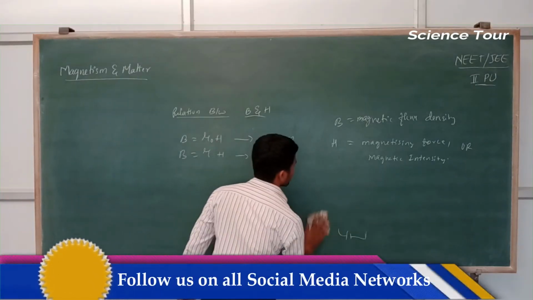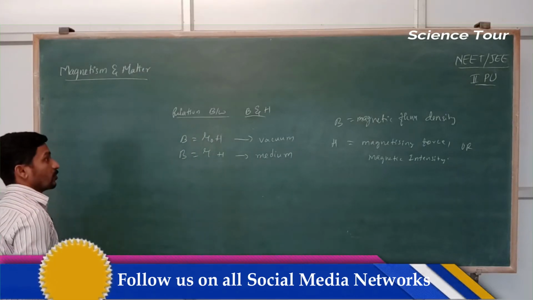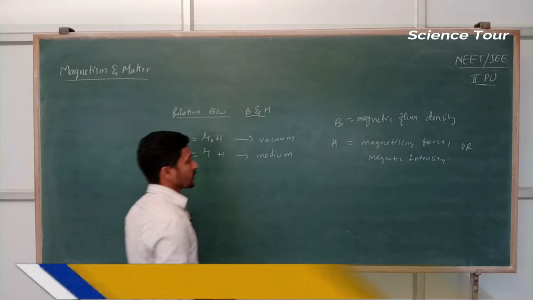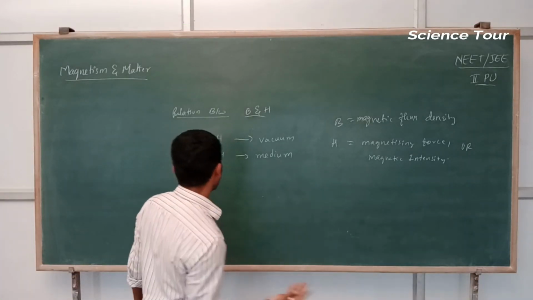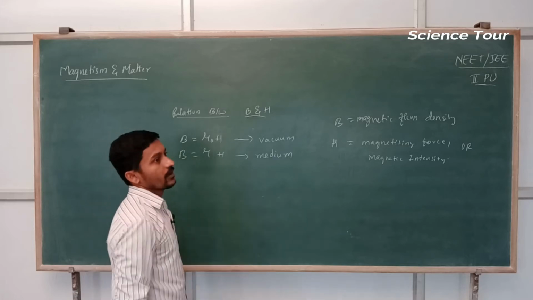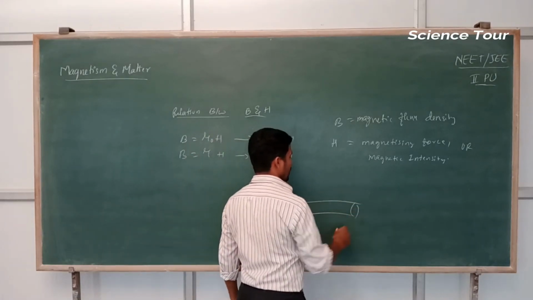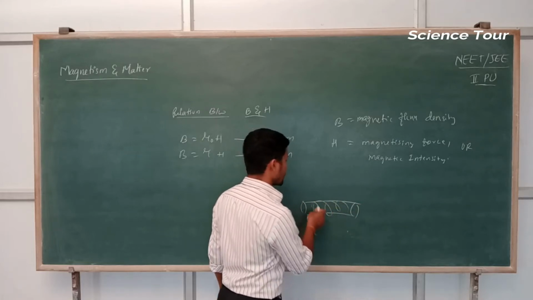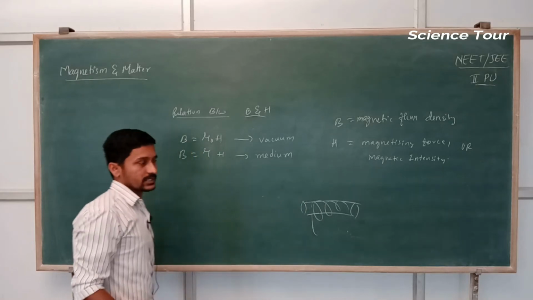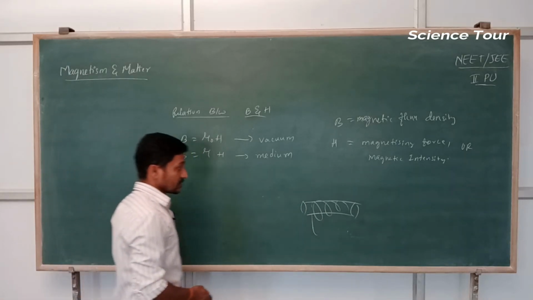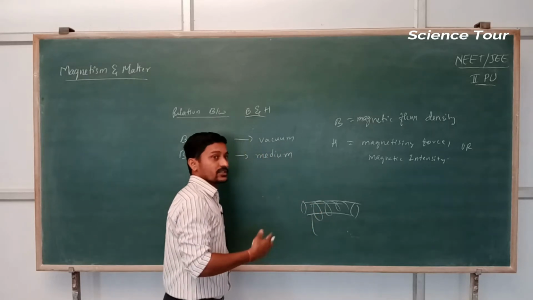Generally we can write it in this way also, because it is directly proportional. The more magnetic field you apply, the more magnetization. We studied this by applying current; here the same formula applies by applying a field. Earlier, a solenoid carried current, which generated a magnetizing force, and inside it turned into a magnet.